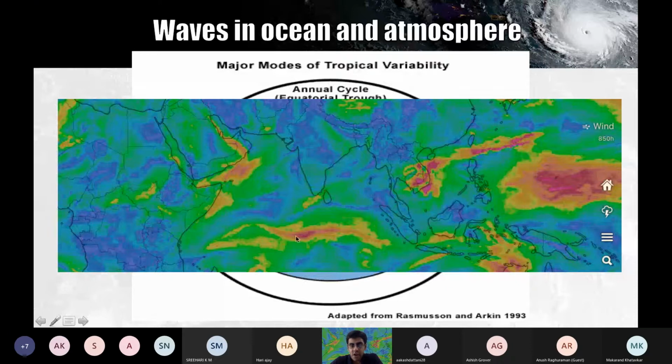Okay, so when I start looking at these patterns, then it makes a lot of sense, because now I know that there is a lot of wave activity in the South Indian Ocean, which is understandable because the southwest monsoon is already over. The northeast monsoon is in the waning phase, close to the withdrawal phase. And ITCZ, the intertropical convergence zone, is slowly moving down. That indicates that the wave activity is going to pick up in the South Indian Ocean, because the monsoon in the southern hemisphere is going to get activated.